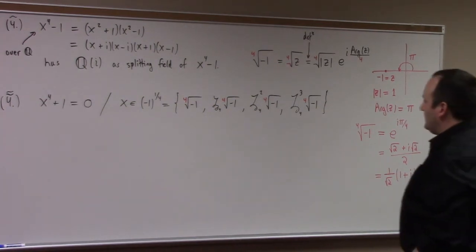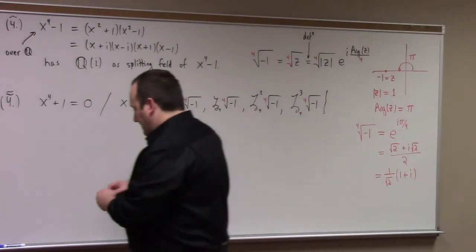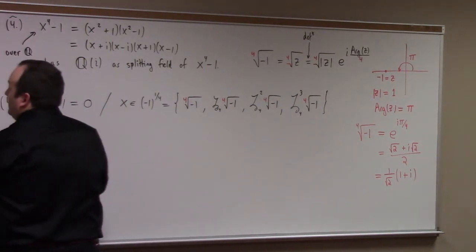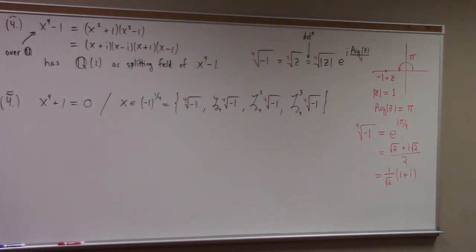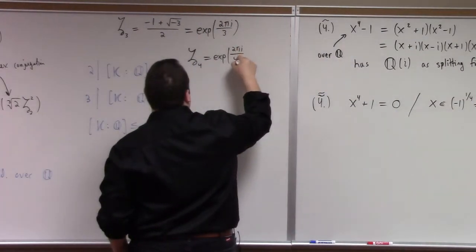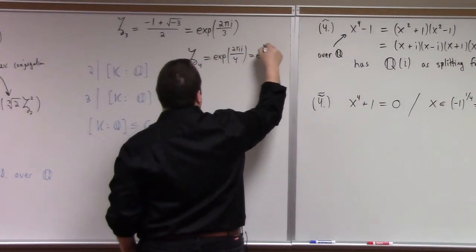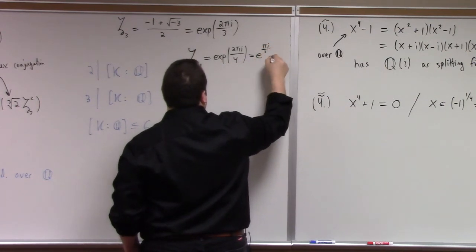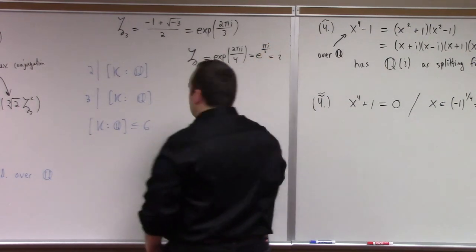What's the fourth root of unity? Remember that the third root of unity is the exponential of 2 pi i over 3. So zeta 4 is the exponential of 2 pi i over 4, also known as e to the pi i over 2, also known as i.